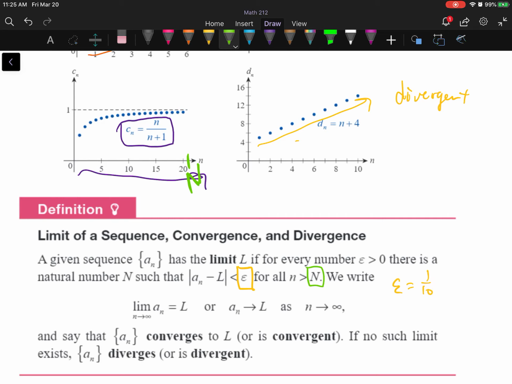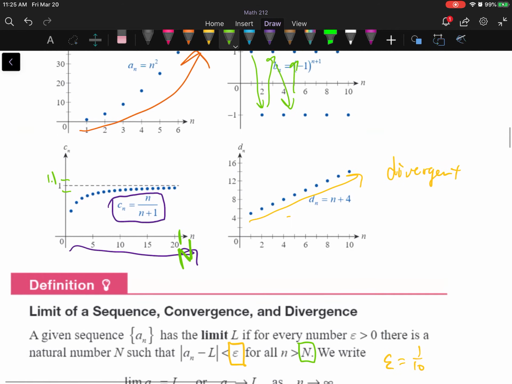So if I stretch out and go out to some big value N out here, I should always be within 1/10. So let's say on the upper bound, we've got 1.1. This thing is not behaving right now.